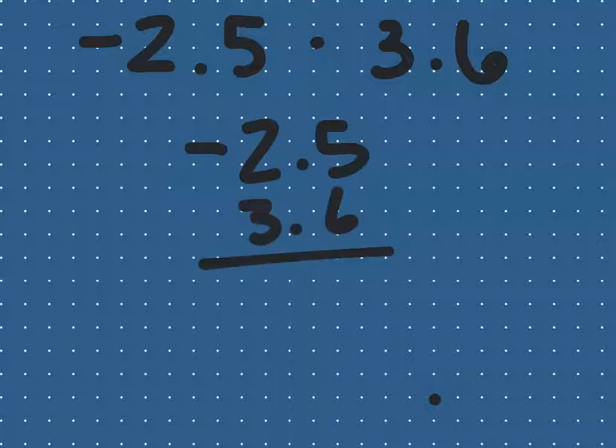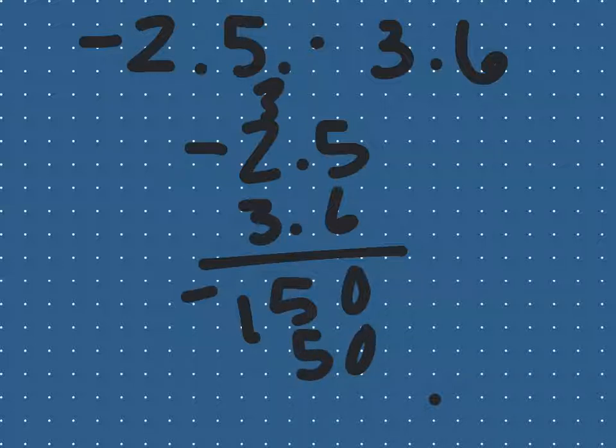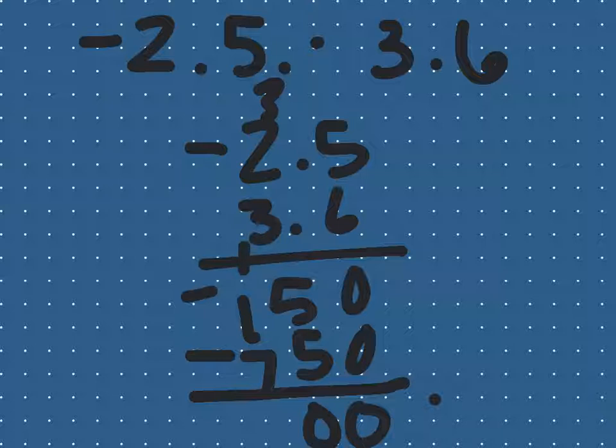So 6 times 5 is 30. 6 times 2 is 12, plus 3, 15, so 150. Then 5 times 3 is 15. 3 times 2 is 6, plus 1 is 7. Now we have negative 900.